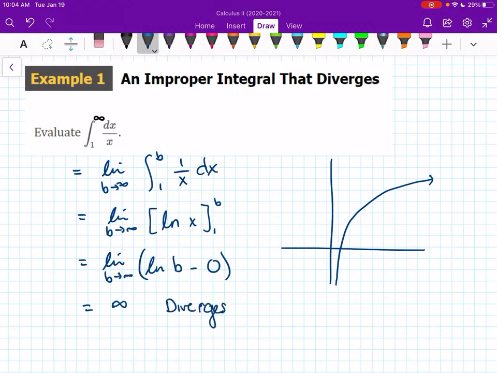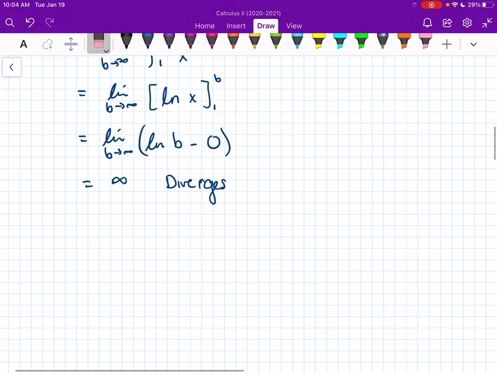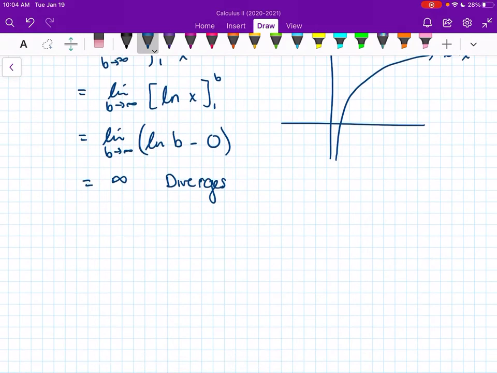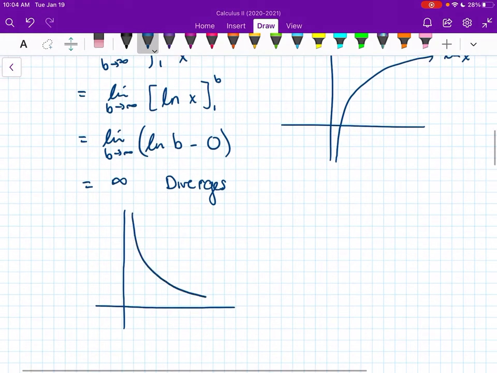And so if I wanted to look at the graph of 1 over x, let me put that back actually. Okay, so there's my natural log. Okay, but if I look at the graph of 1 over x, it's something like this. Okay, so 1 over x. And then I'm taking the bounds starting at 1, and then I'm going to infinity. So I'm taking all of this area.